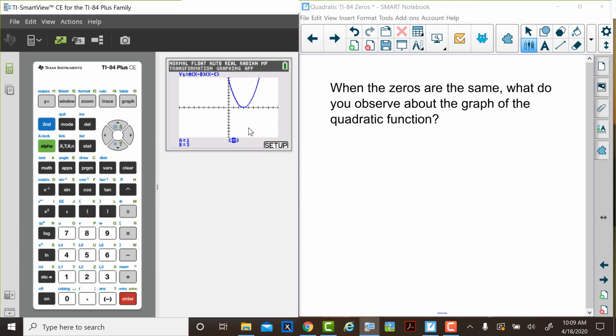And again, we have tangency to the x-axis, and if you add up those two zeros, 3 and 3 is 6, divide by 2, x equals 3 is the x value of the vertex. And if you have an 84 available, you might want to try that with different values of your zeros.